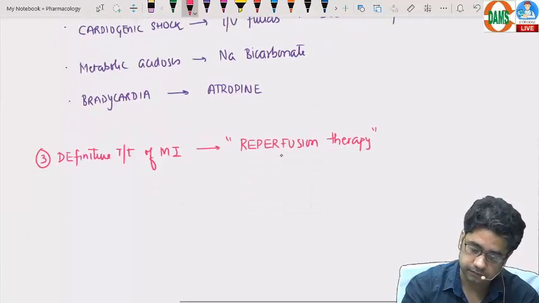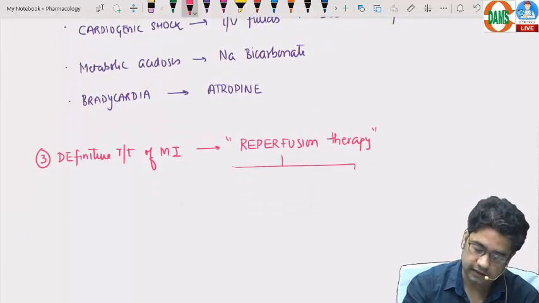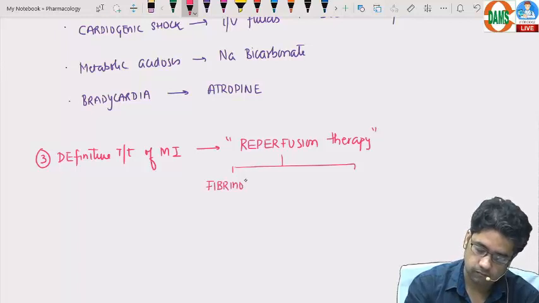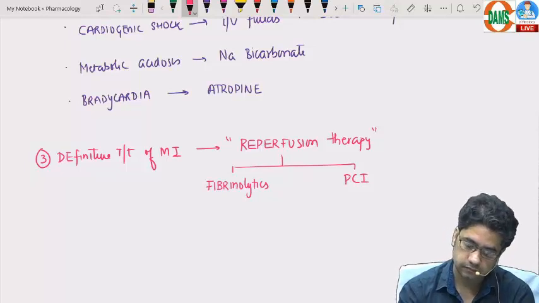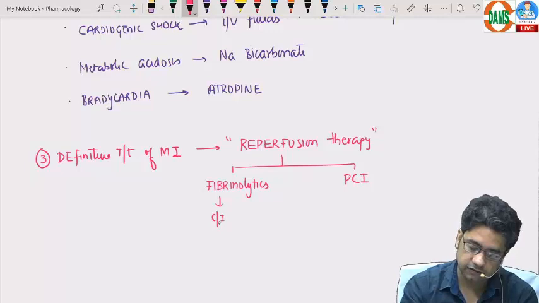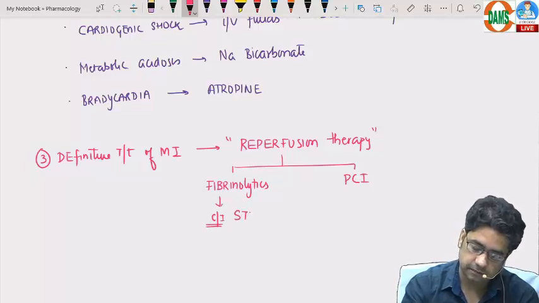Either fibrinolytics or PCI. Balloon angioplasty, then followed by stent placement. Okay. Fibrinolytics are contraindicated in which type of MI? STEMI.